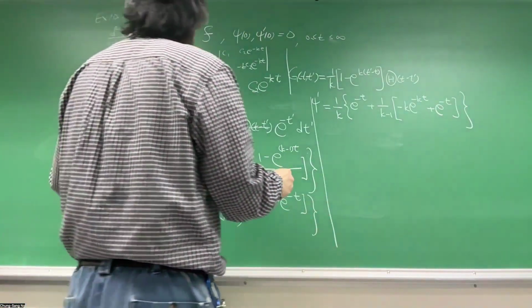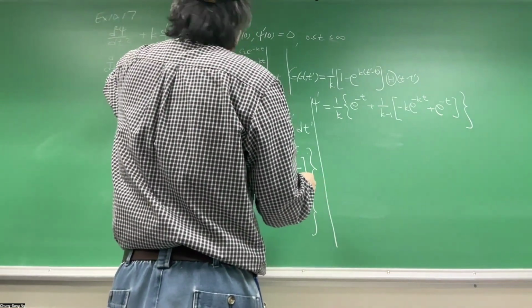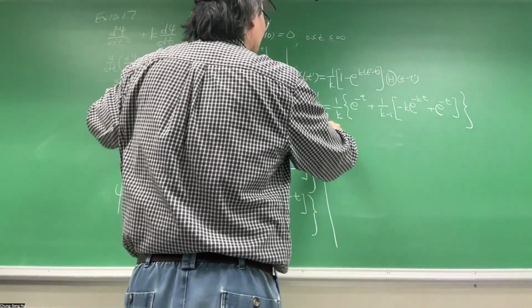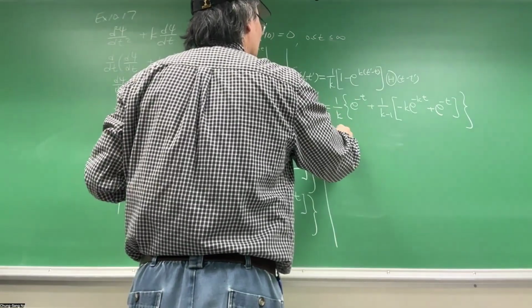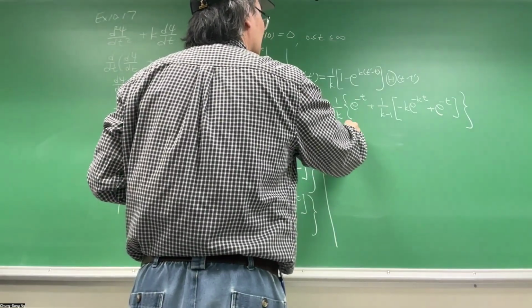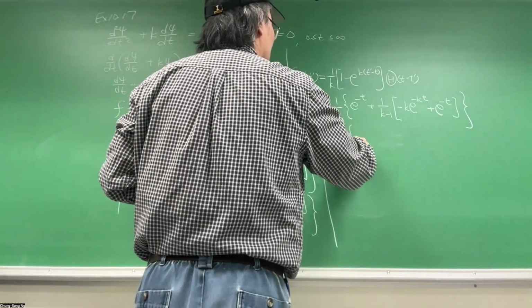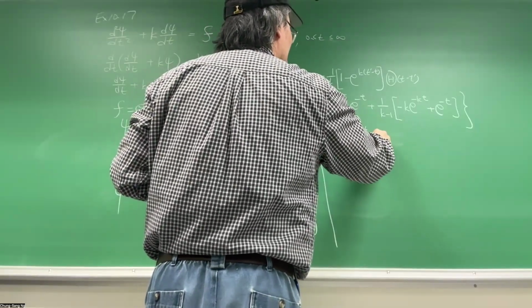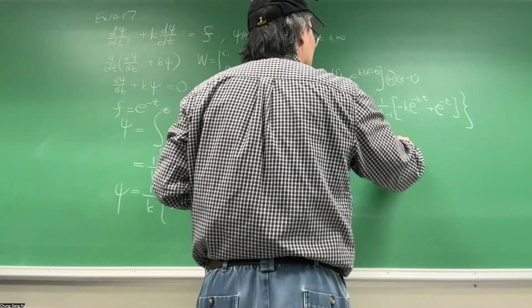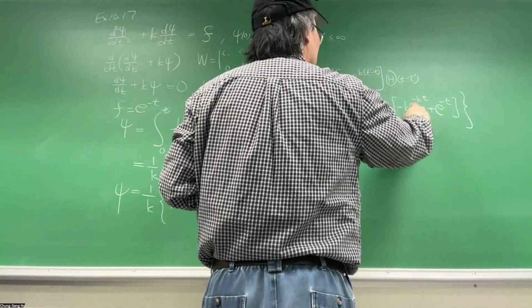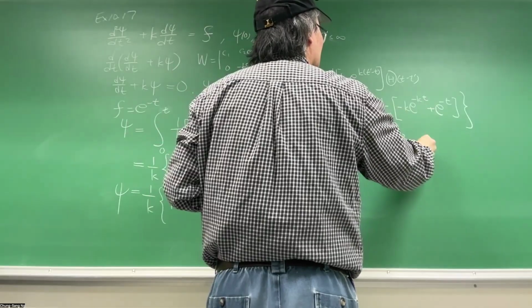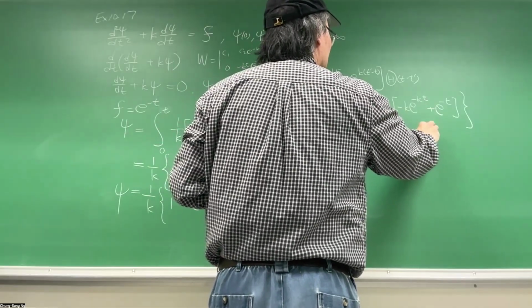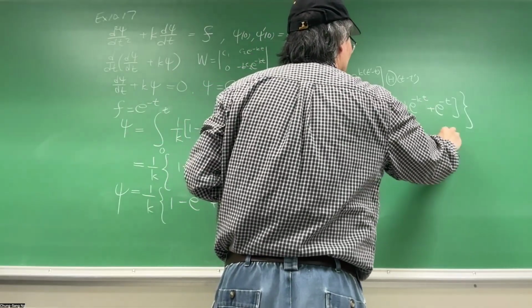And then phi double prime. Okay. Again, e to the minus t minus e to the k squared minus kt minus e.